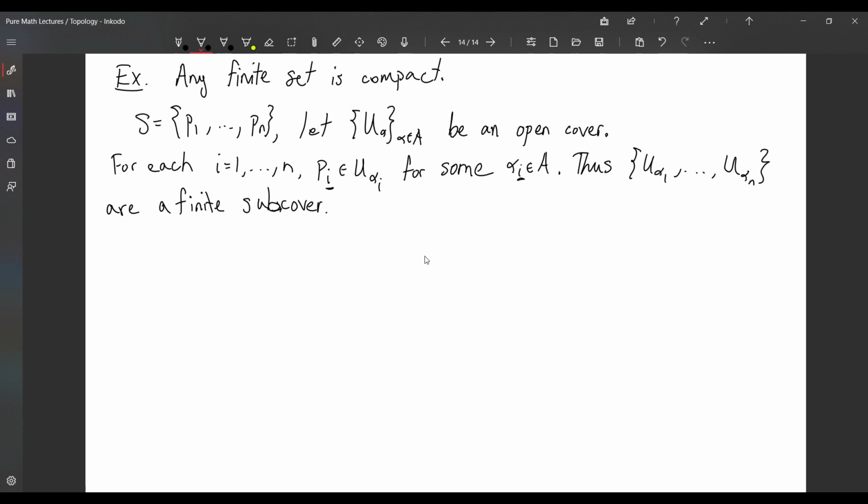Now we are going to consider some equivalent characterizations of compactness. So first, again, we're going to define another type of property. So let A sub alpha, alpha in A, be a family of sets.